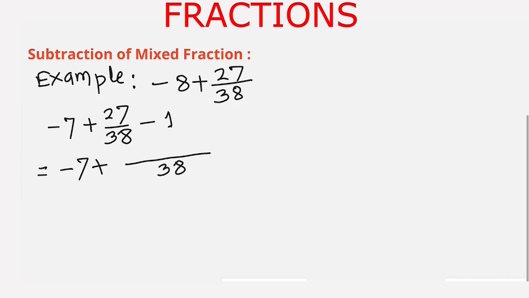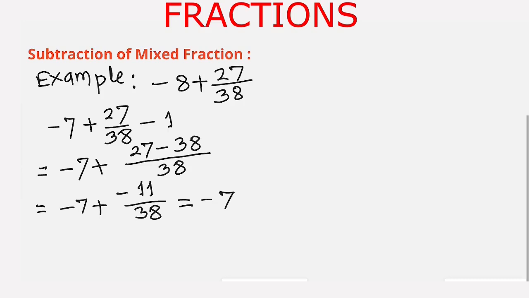So this is equal to 27 minus 38. This is equal to minus 7 plus 27 minus 38, which is minus 11 upon 38, and this is equal to, we add both the negative quantities, so it comes out to be minus 7 whole and 11 upon 38.